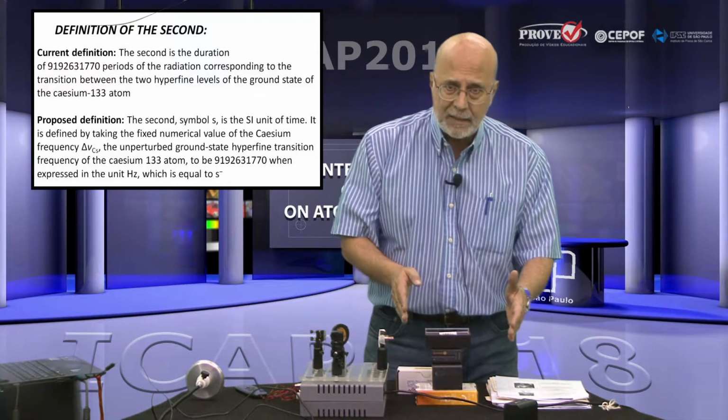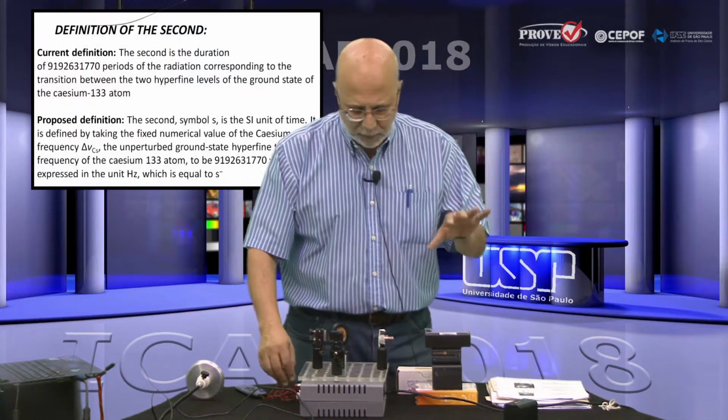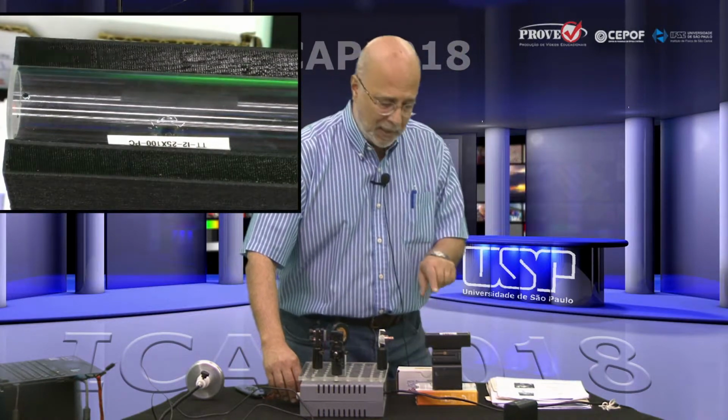This is an iodine cell, and we're going to start to see what's coming out of this cell containing molecular vapor of iodine. So let's turn off the light. As I scan the laser, you see this beam of light coming from the cell. That is the fluorescence of the molecules there.